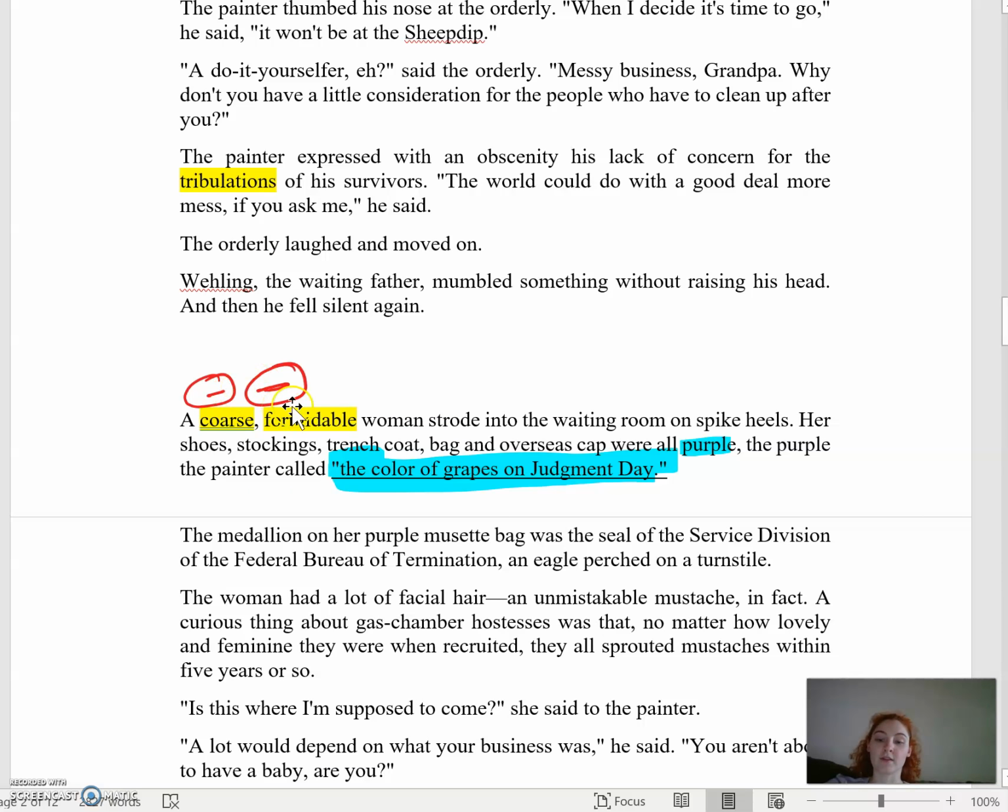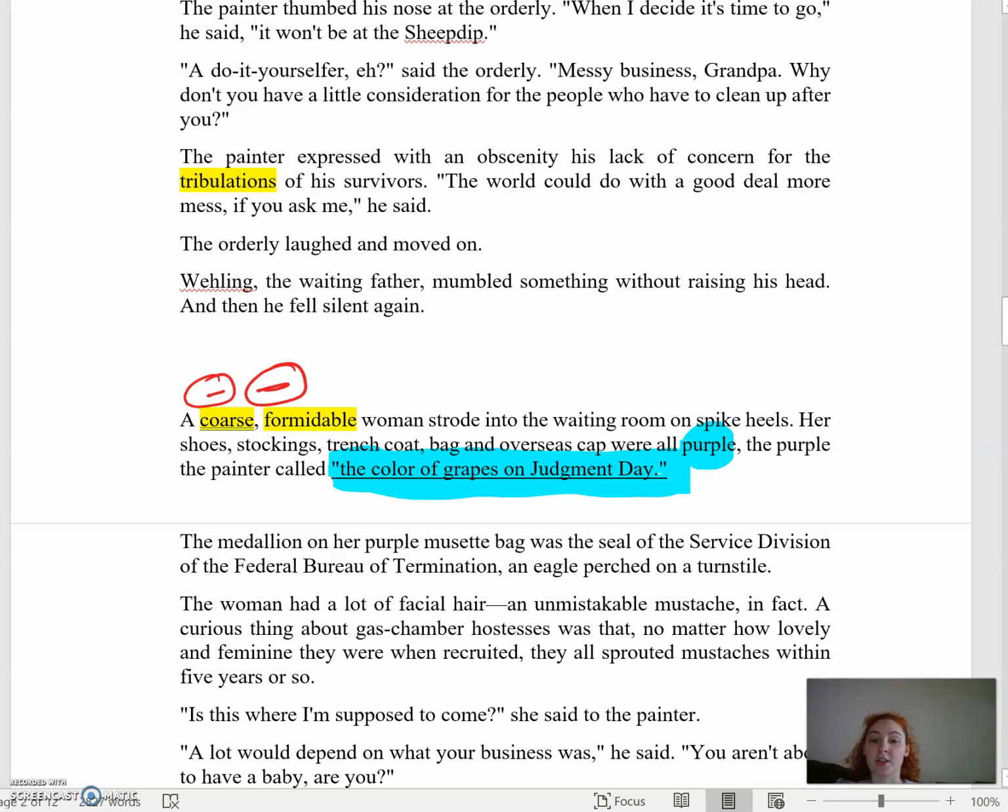She's called coarse and formidable. These are very rough, kind of scary, very unfeminine words to be associated with a woman. And she is also wearing that infamous color purple. And this purple is then described explicitly as the color of grapes on Judgment Day. So take a quick second for yourself and think, what device do you think is being used here?